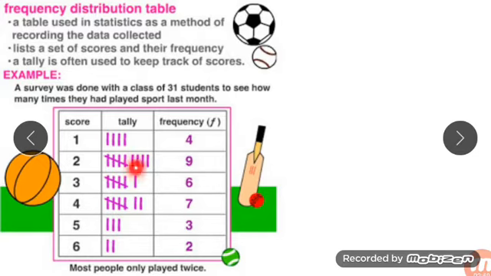The number of students who have played sports twice in the last month is 9, and so on. So from this frequency distribution, we can interpret the result, or draw the conclusion, that most of the students have played sports twice, as the number of students who have played twice is 9, and 9 is the maximum frequency in the frequency distribution table.